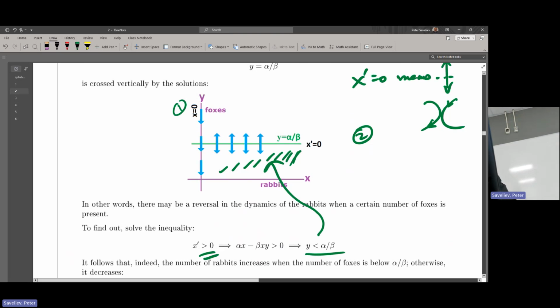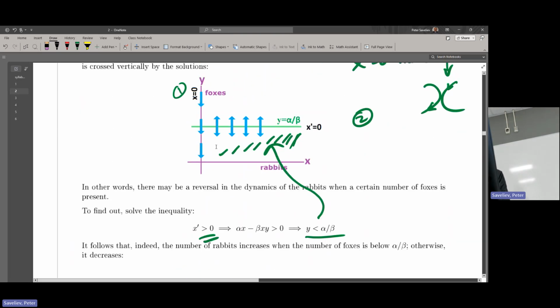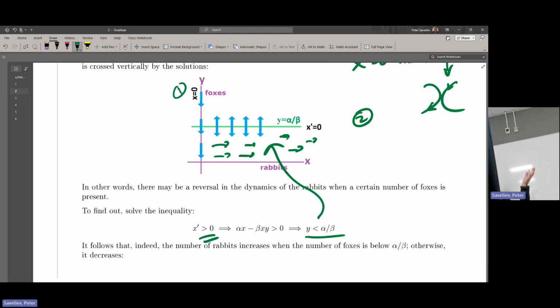Okay, if we were to do it in the manner that I did before, then this is how I would do it, like this. So the number of rabbits are growing like this. And that ignores the question about what happens to the foxes. But this is what we know about the rabbits, that they will be growing.